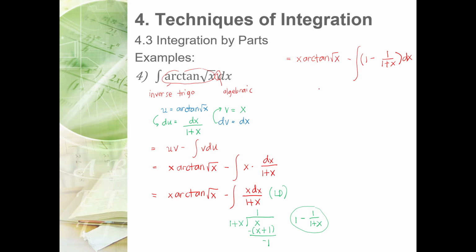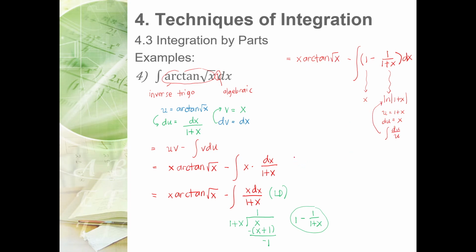So this one is just the x variable, and this one is ln of 1 plus x. It's ln of 1 plus x because let u be 1 plus x, and then du is just dx. So you're going to have the integral of du over u, and that would be ln.